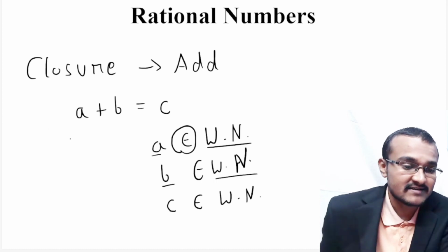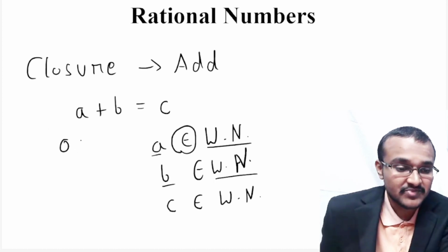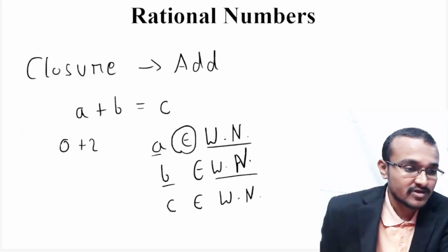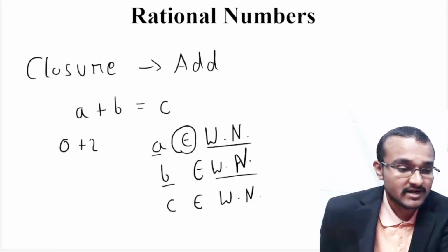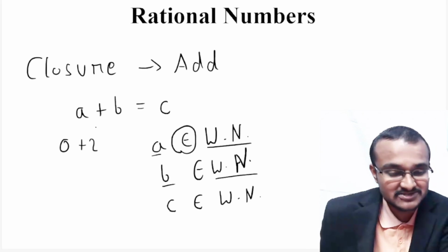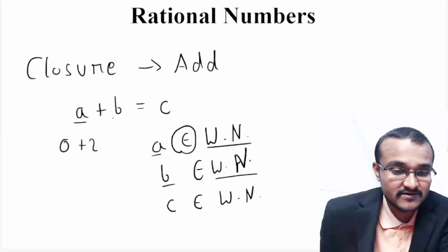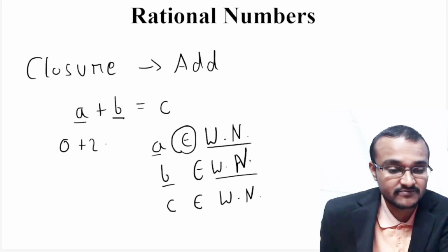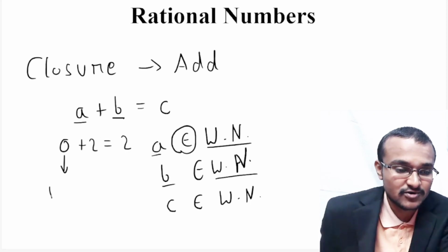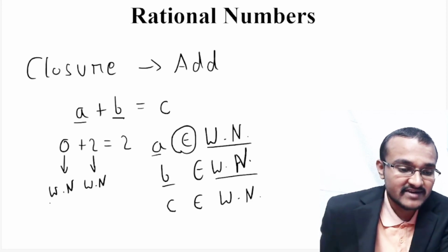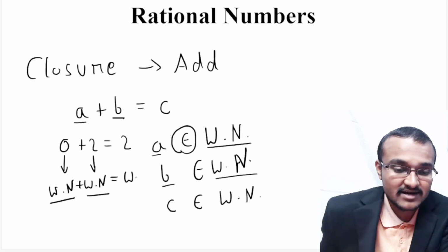Now in place of a I am putting 0, and in place of b I am putting 2, because I have considered 0 and 2 as my example. So 0 plus 2 will be 2. Here 0 is a whole number, and 2 is also a whole number. When we add two whole numbers, we again get a whole number.